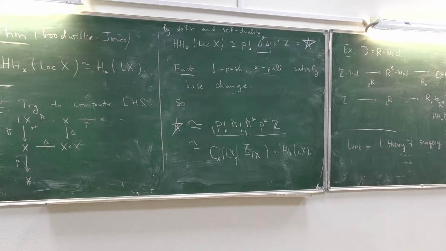And the restriction has two adjoints given by tensoring with this or homming out of it. So from that point of view, it's clear.